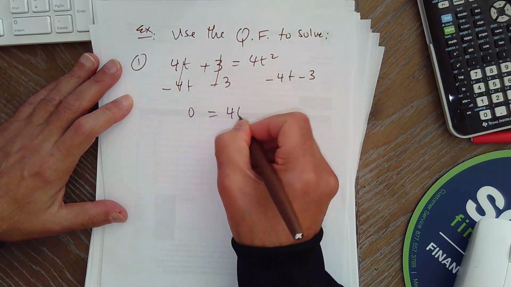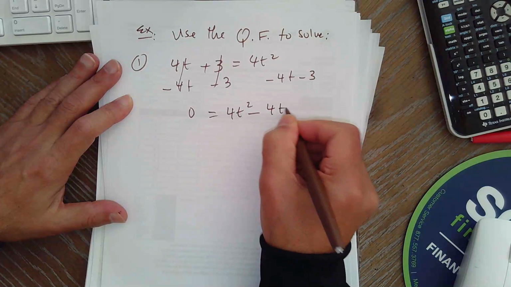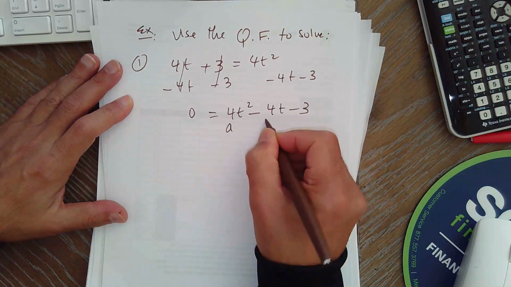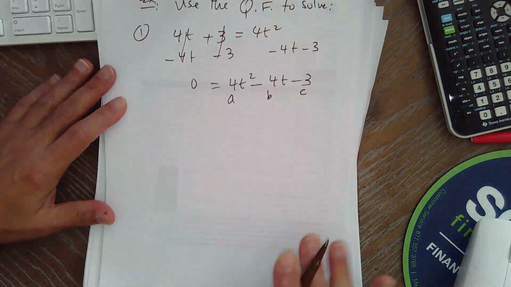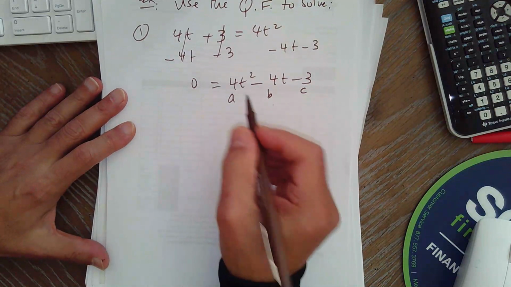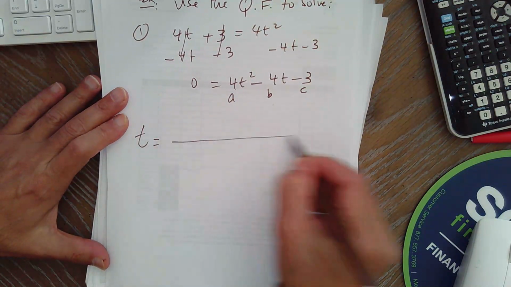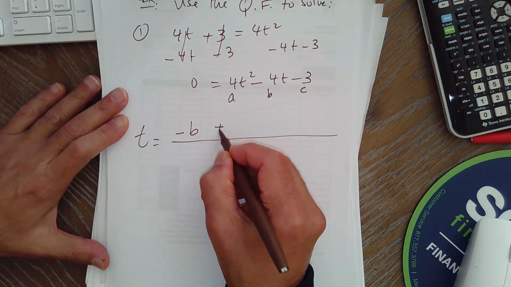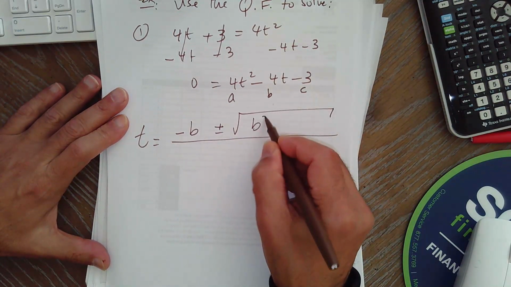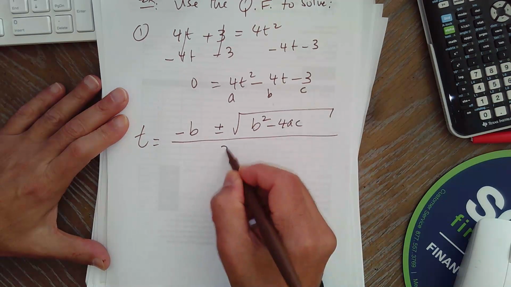So we get 4t squared minus 4t minus 3 equals 0, a, b, c. Now we're not going to write x equals because we're not solving for x, we're solving for t. So it's t equals the opposite of b plus or minus square root of the discriminant all over 2a.